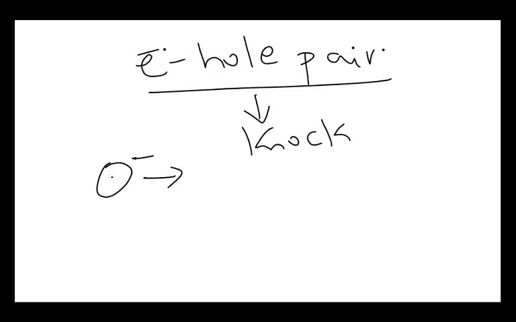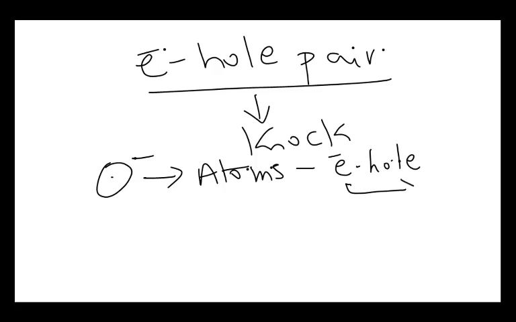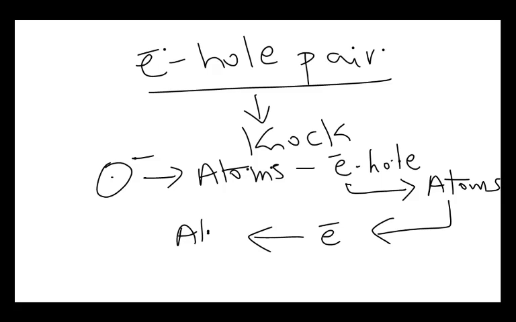So initially the ions knock off atoms, and electron and hole pairs are created. Now this free electron goes and knocks off electrons from new atoms, and again a lot of electrons are created. This goes and knocks off more atoms.